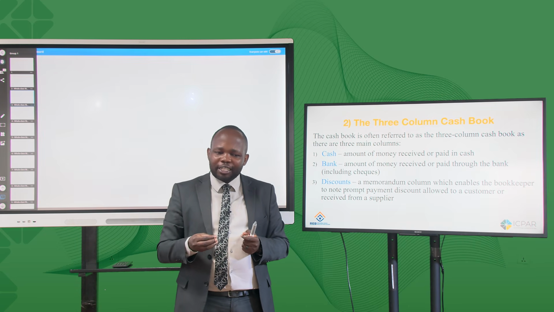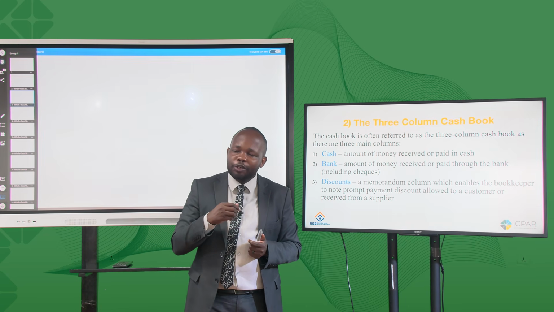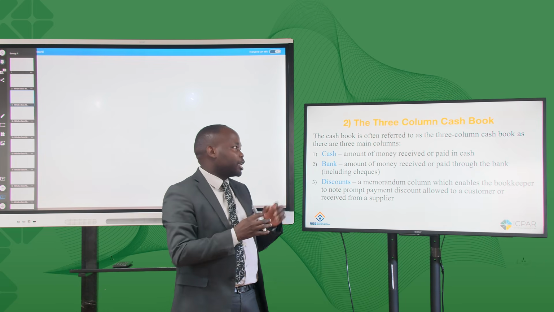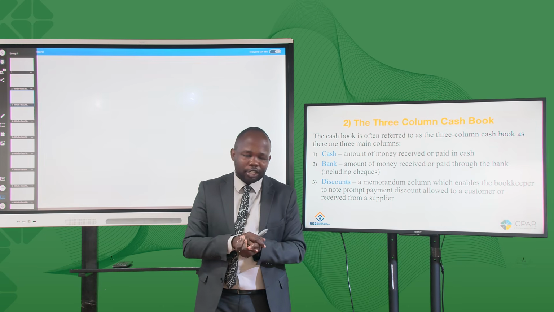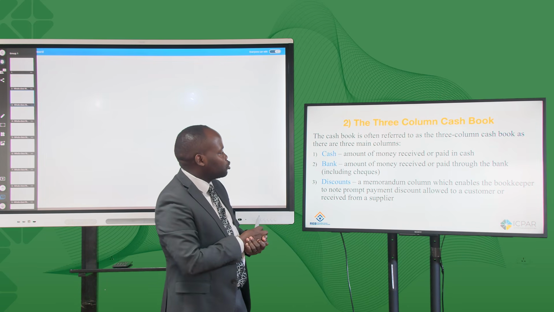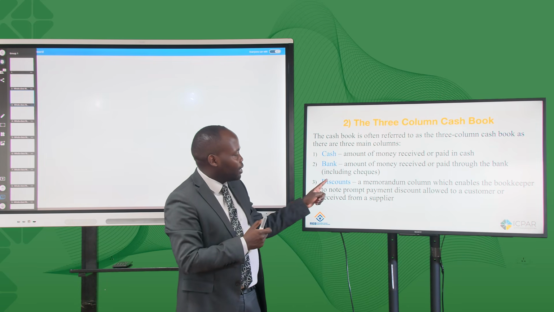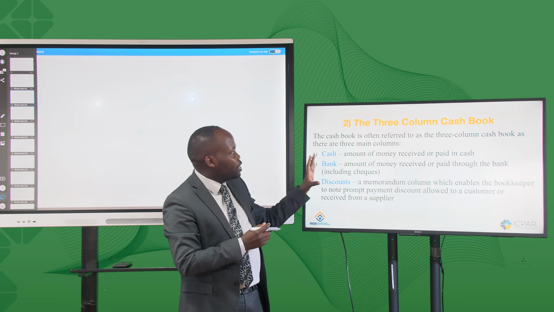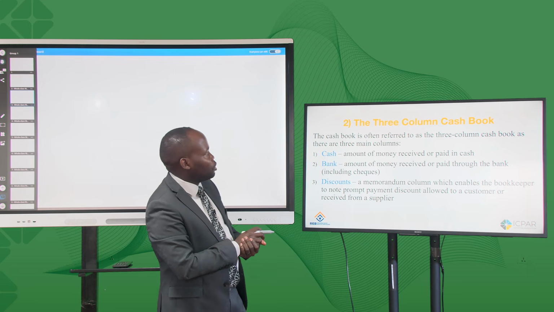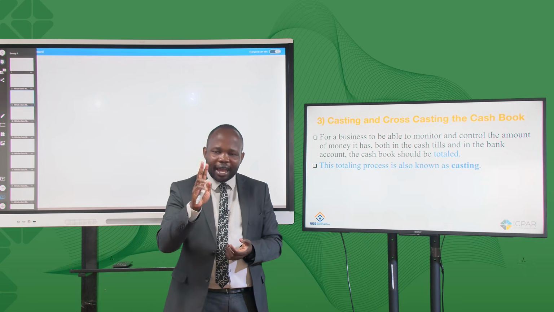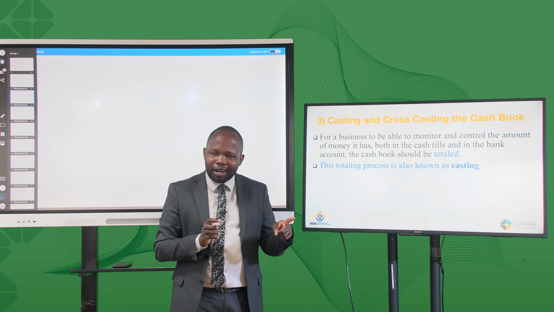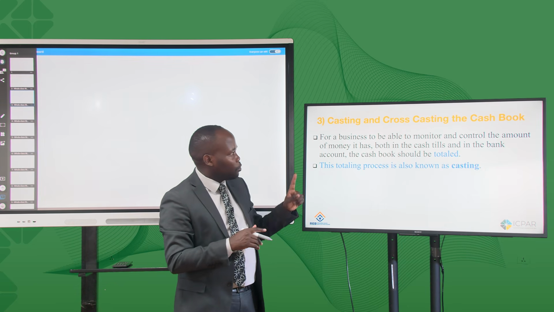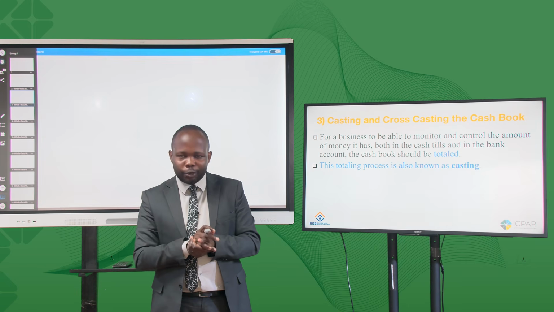When you expect money from customers, you give them a discount. You allow a discount. So the key point in a 3-column cash book is the discounts section. We will come to good examples on cash book. We will focus on that. So there are 2 types of cash books, either a 2-column or a 3-column. We will look at and prepare those cash books when we are winding up on this unit.